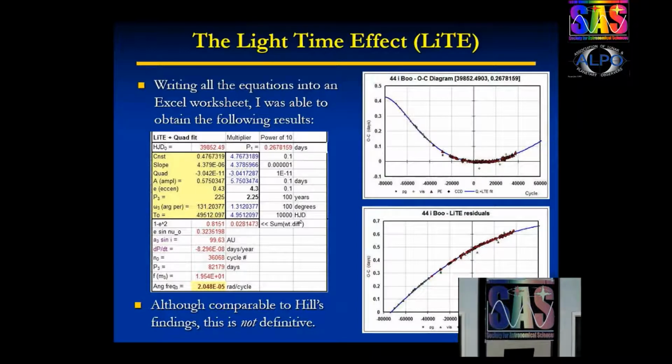I think I got it wrong earlier. Omega is one of the constants. It's called the argument of the periastron. T naught is the time of the periastron passage, which is when the two stars are the closest, and that is in Julian dates.